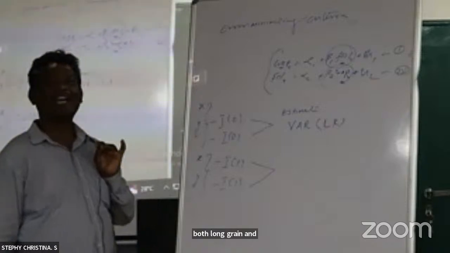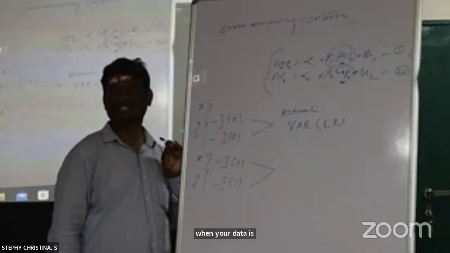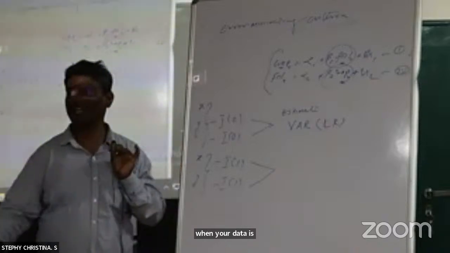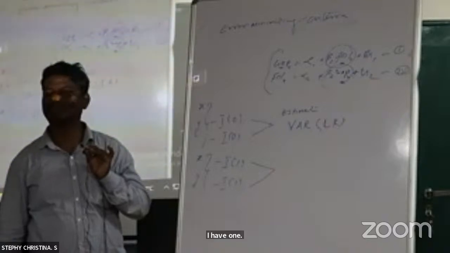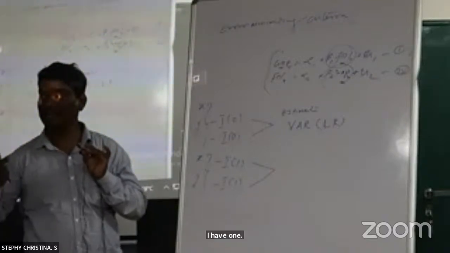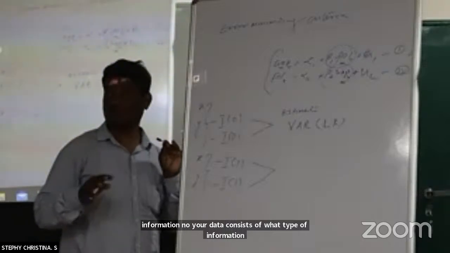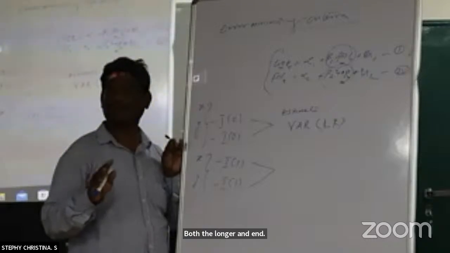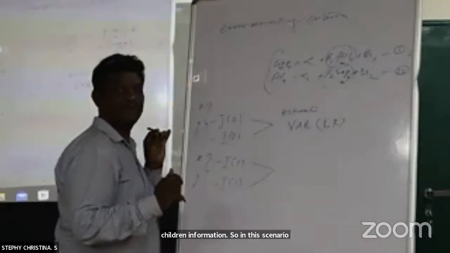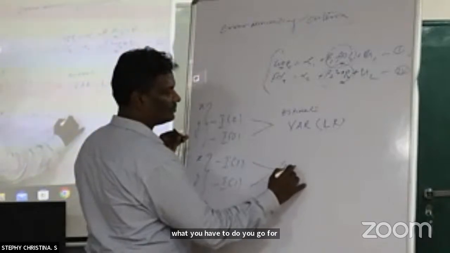When your data is stationary at first difference, both are I of 1. Your data consists of what type of information? Both long run and short run information. So in this scenario, what you have to do? You go for applying co-integration.